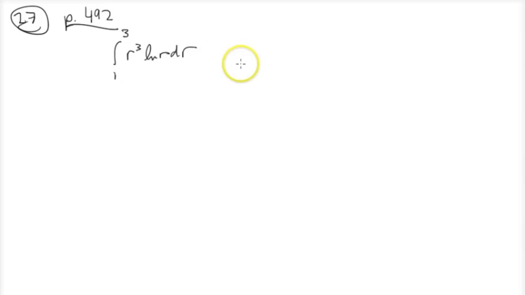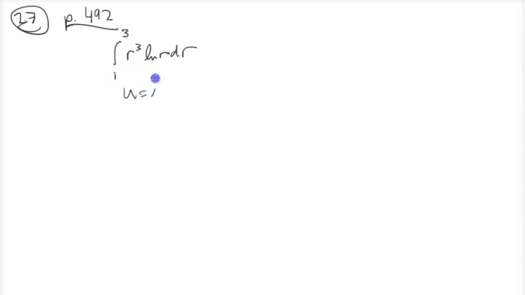So let's say that the most complicated thing to integrate, this one it actually doesn't matter, you can do either way. I'd say actually the most complicated is ln of r, but we don't know how to integrate that. So dv has to be r cubed.